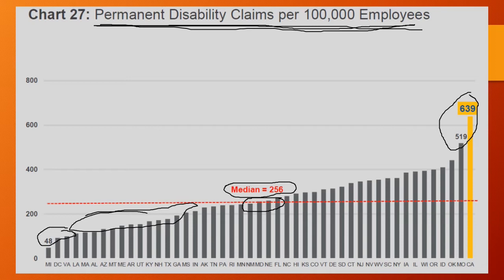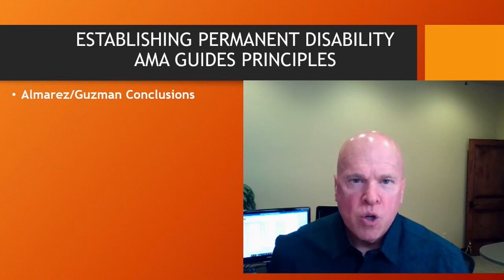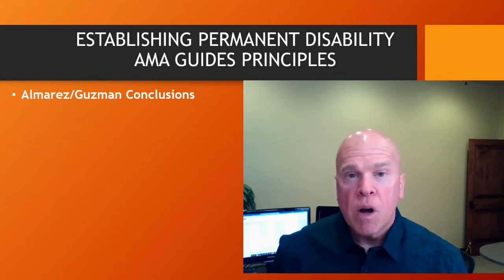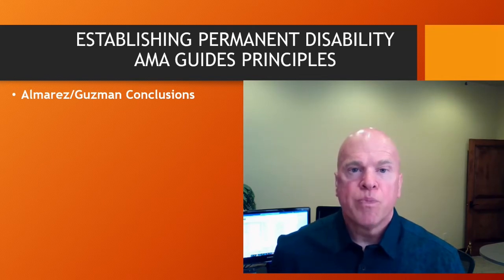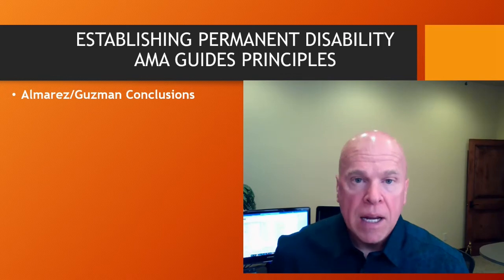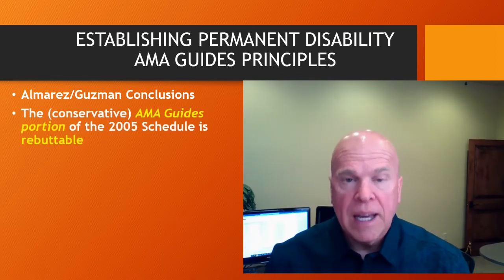So let's take a look at some of the conclusions that work for us as evaluating physicians under the Almaraz and Guzman decisions, conclusions that work for us as qualified medical evaluators in providing for a different, higher impairment rating than that which is provided for under the strict and conservative application of the AMA guides.